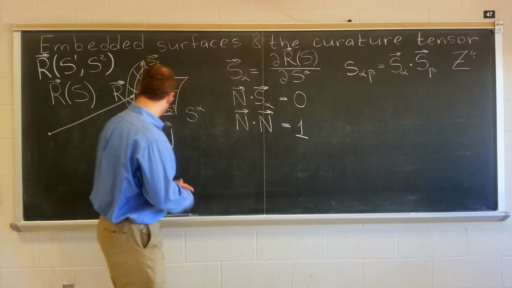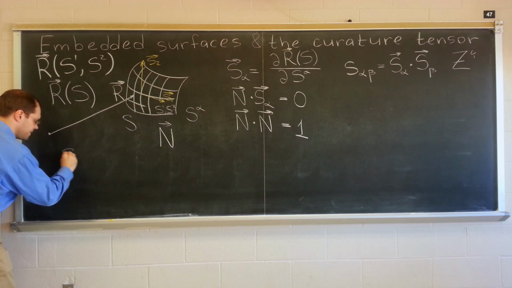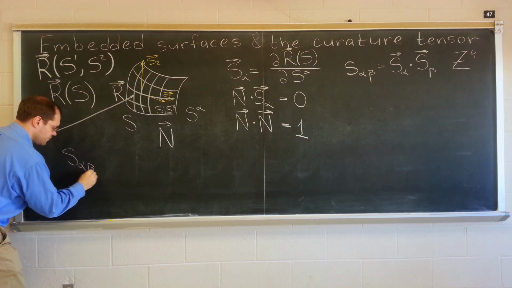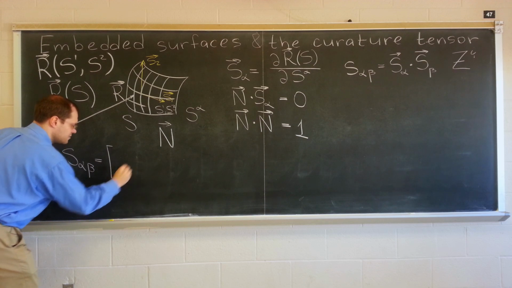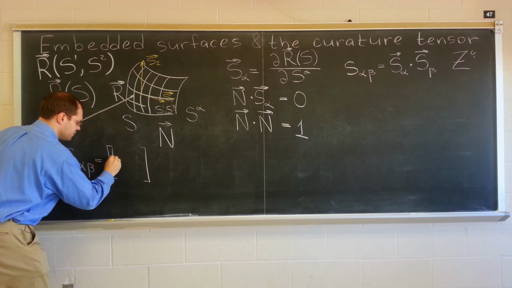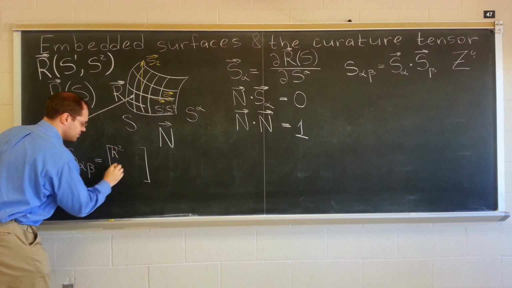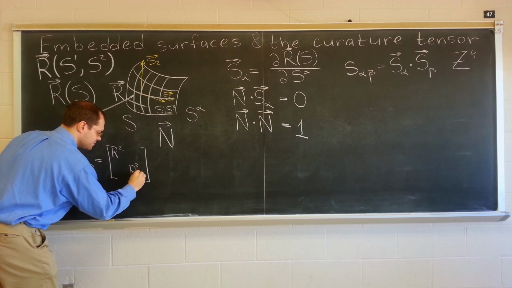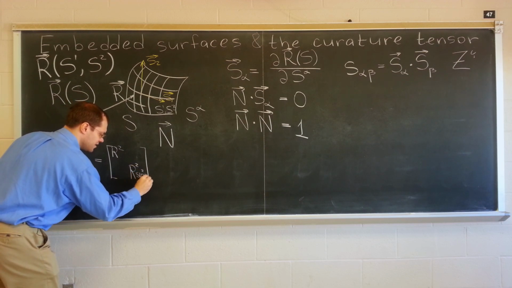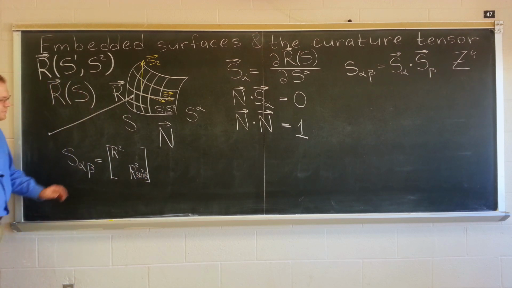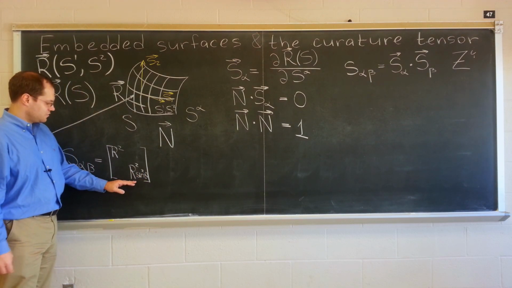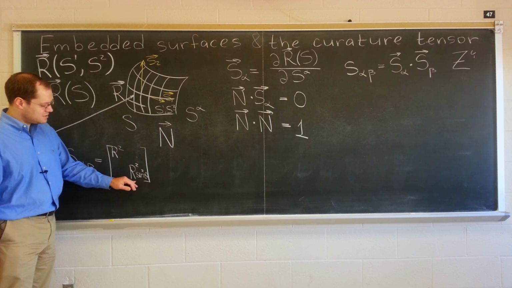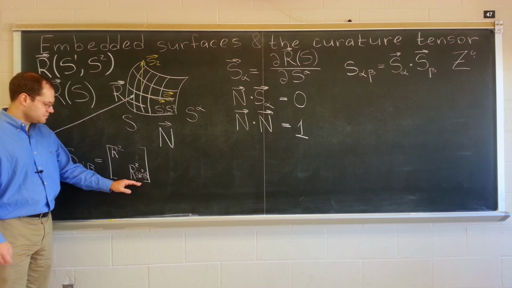Then for that coordinate system, the covariant metric tensor has the following form. R squared, 0, 0, R squared sine squared theta. That's for a sphere of radius 1. Excuse me, that's for a sphere of radius r. Okay.